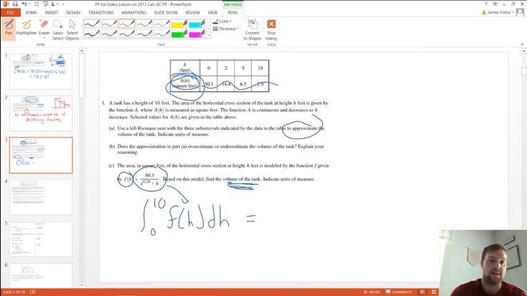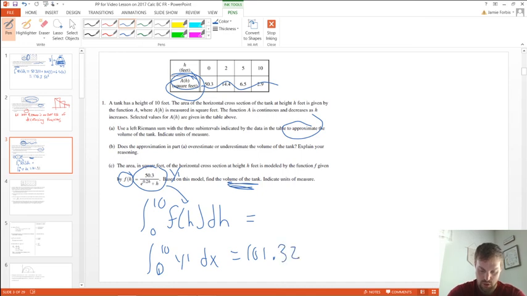Honestly, guys, I put this in for y1 in my calculator. So in my calculator, I just did the integral from 0 to 10 of y1 dx. That's all I did in my calculator. And I got 101.3253382.